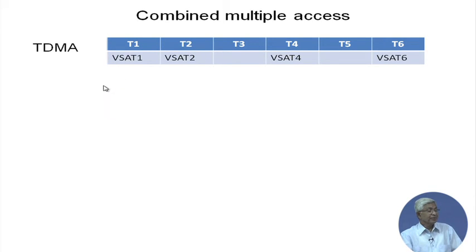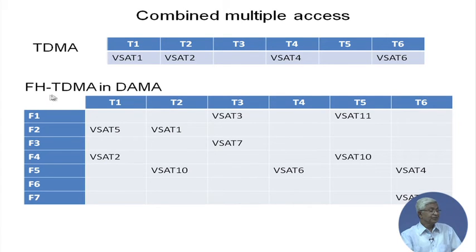Now that can be avoided by using the frequency and time domains simultaneously. So it's called FH TDMA. It normally operates in demand assigned multiple access mode, DAMA mode. Frequency bands are given, and for each frequency band, 6 time slots are taken.